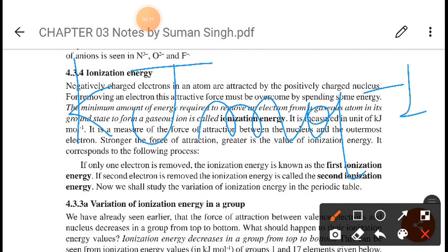Okay, about electron volt, we have discussed it in atomic structure, right? It is often expressed in electron volt and is used to convey the sense of ionization energy.